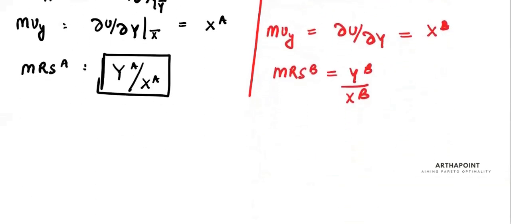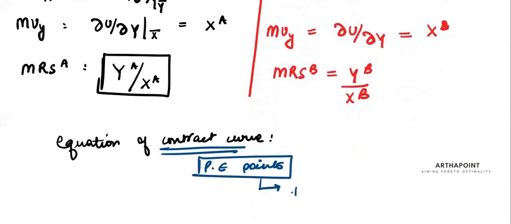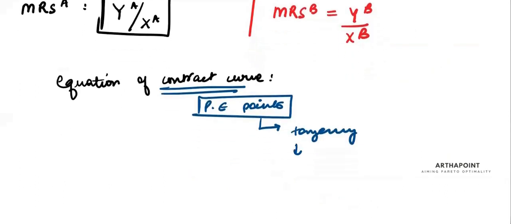So if I ask you, what is the equation of the contract curve? Well, we know that the contract curve was all Pareto efficient points, and Pareto efficient points were where tangency was met. Indifference curves were tangent, and tangent means their slopes were equal.